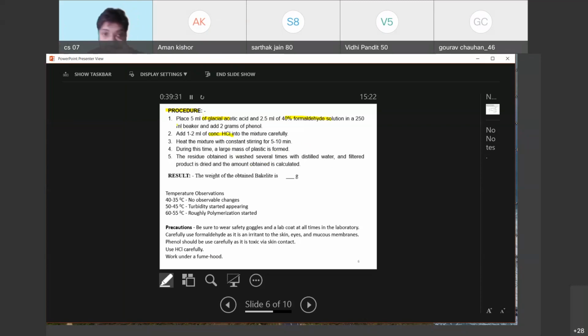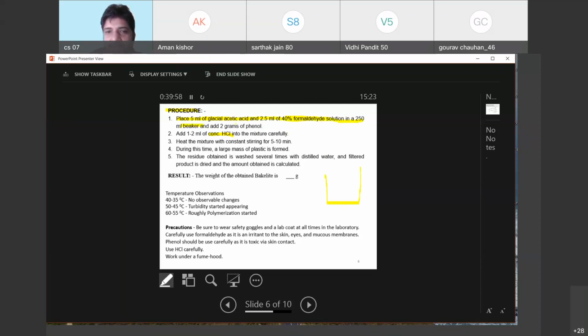So in procedure, what we do, we take 5 ml of glacial acetic acid and 2.5 ml of 40% formaldehyde solution in a 250 ml beaker. Okay, means we will take a beaker.